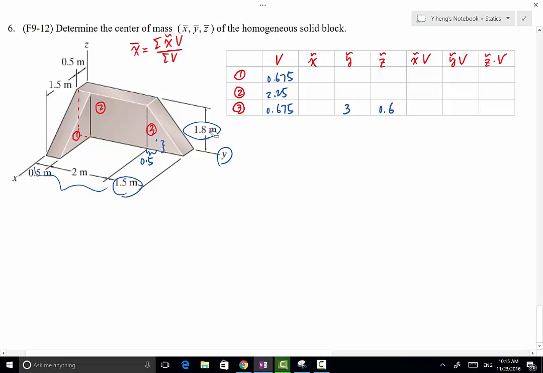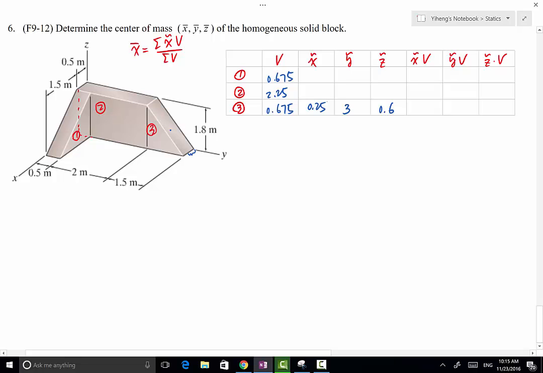And along the x direction, the total thickness here is 0.5. Its centroid is located at the center. Therefore, that's going to be a half of 0.5, 0.25 meter. So that's for block number 3.